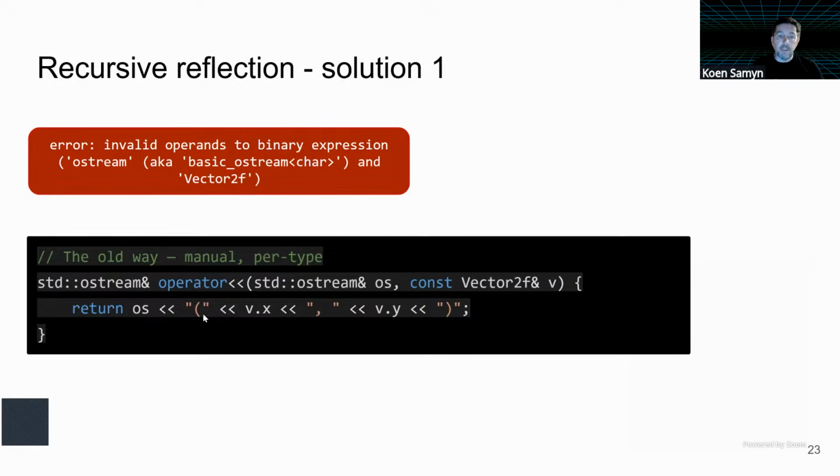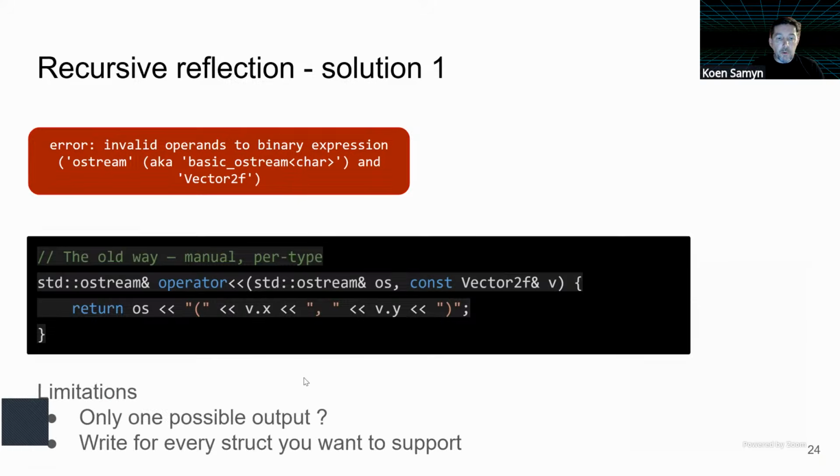I'm just using some kind of mathematical notation. You have to do this per type. You have to adapt to whatever format you want, but that's not easy with this operator. So maybe you have to do it some other way, but there is a better way now with reflection.